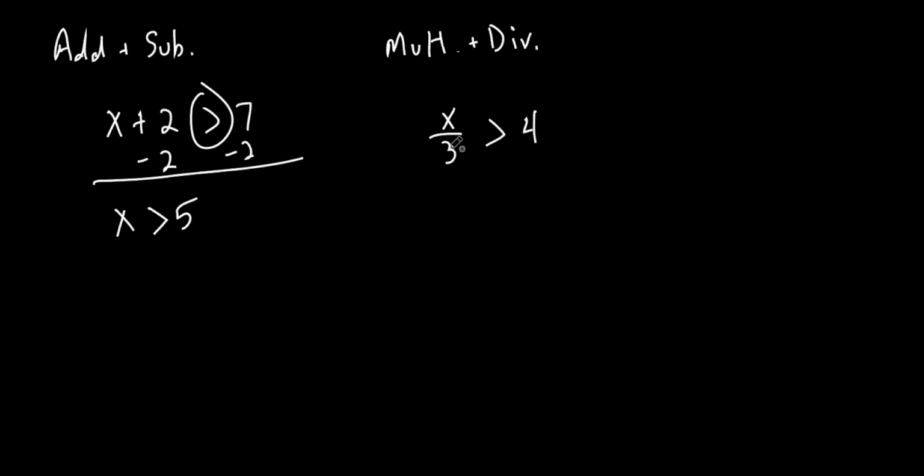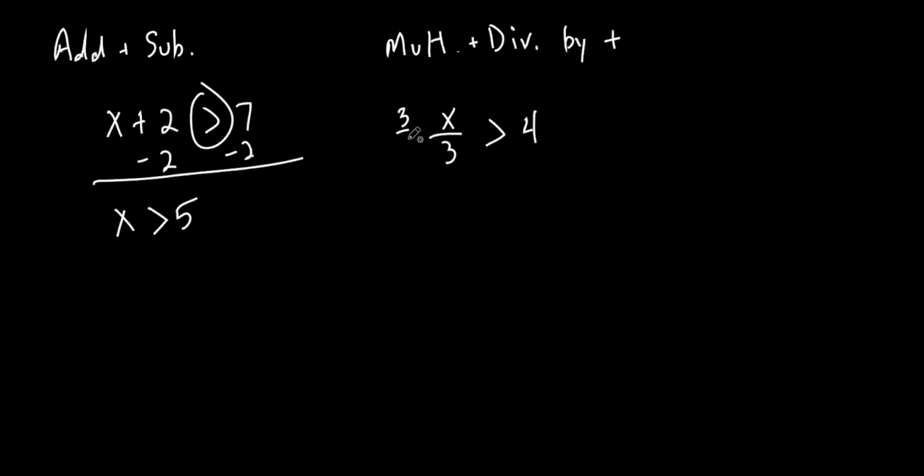What would I have to do to that 3 to get rid of it? I multiply. Why? Because it's x divided by 3. How do you get rid of something that's divided by? You multiply. Now, as long as you multiply or divide by a positive number, you don't change the sign. Everybody hear me? So you work with it just like it was an equal sign.